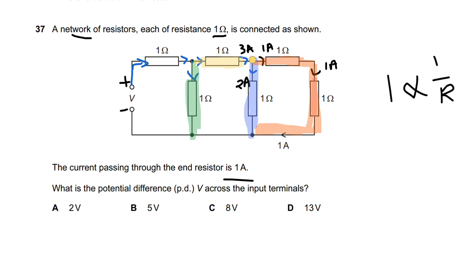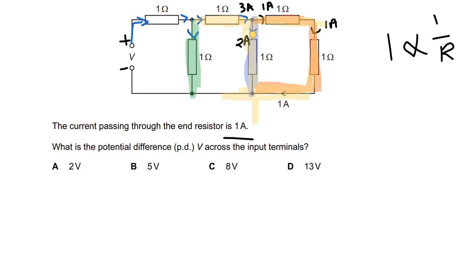It also contains all of these segments, so it's important to consider them in our calculations. Previously it was quite easy: 2 resistors, 1 ampere, so from 1 resistor, 2 amperes. Now the calculations are a bit more complex for this part.